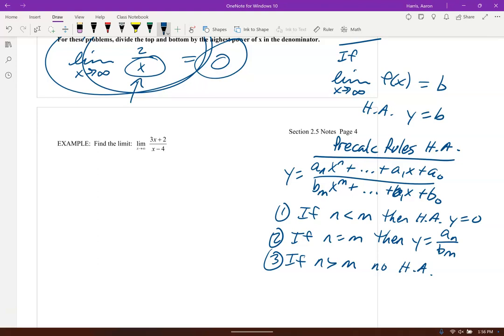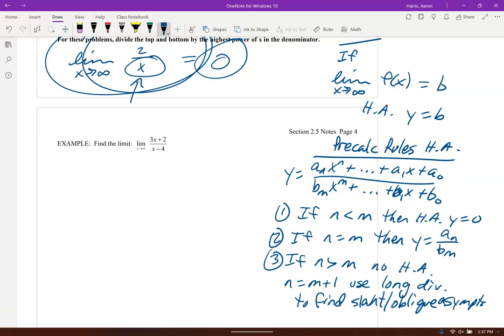And what we did in there was if it was just one more than the bottom, we could use long division to find the slant or oblique asymptote. It had a slant asymptote. Okay, and that was our rules in there. And what we're going to do now is use calculus instead to run these, and you're going to find that the rules still hold.